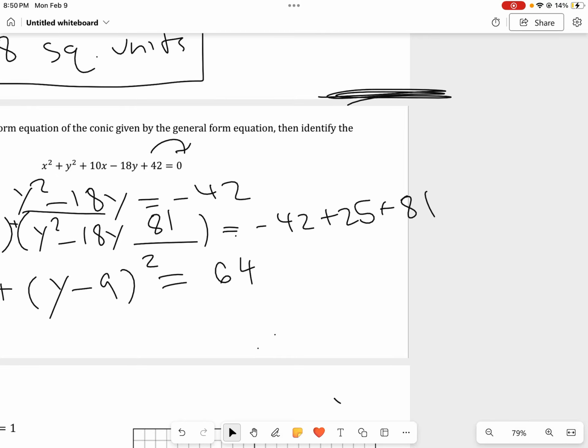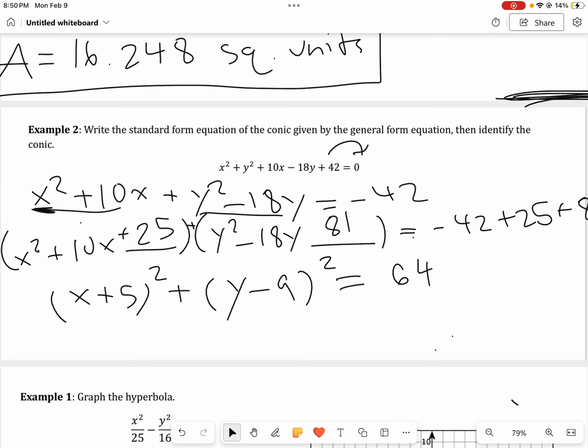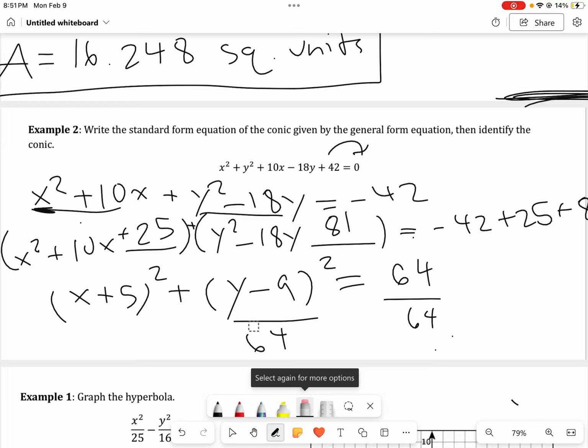Now, the thing with this, there are, I think, 3 options for what type of conic it can be. But if you were to divide this by 64, you could theoretically say that in this specific occasion it is an ellipse.